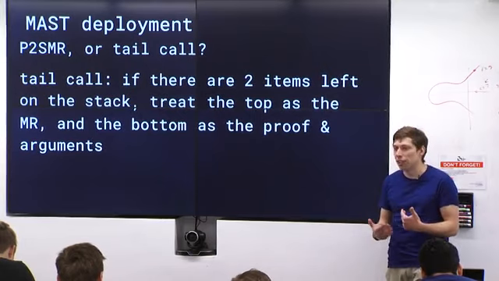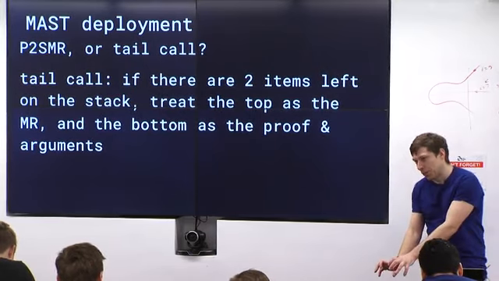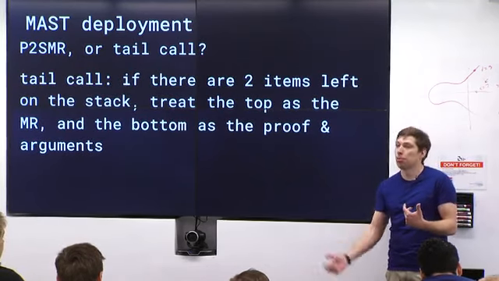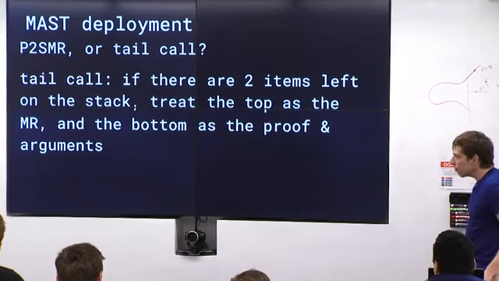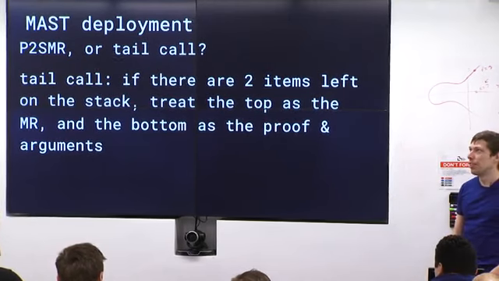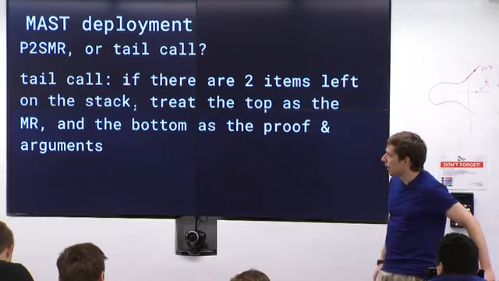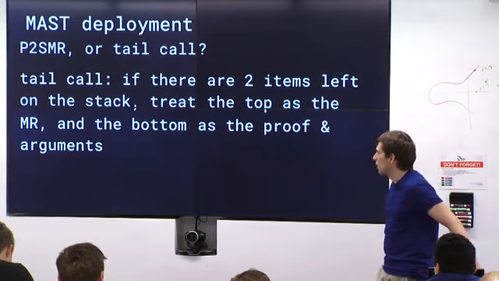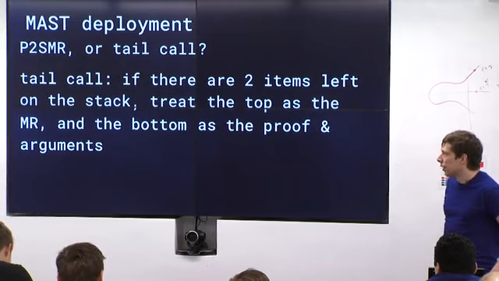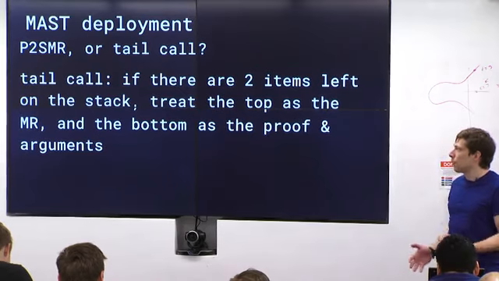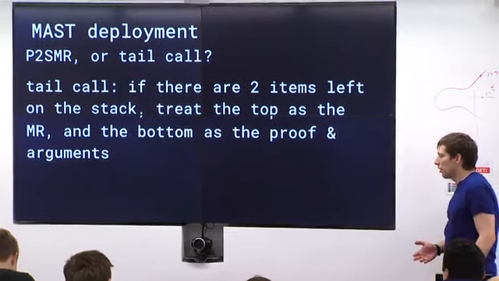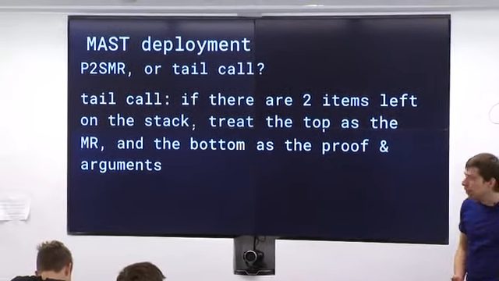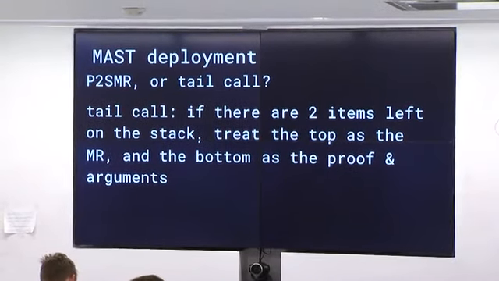So you can sort of recursively say, okay, I went down into this script with this proof, and then I executed it, and things were left on the stack, and it was another proof for another Merkle root. So that's kind of cool. You can make all sorts of crazy things with that. I don't know how useful recursion is in this case, but there could be cases. You're already in a binary tree, so. My personal thing is, why not just keep it simple and pay to a script Merkle root? But there's people who think no, this should be more expressive, like programming language-y wise. Anyway, so that's the state of MAST.